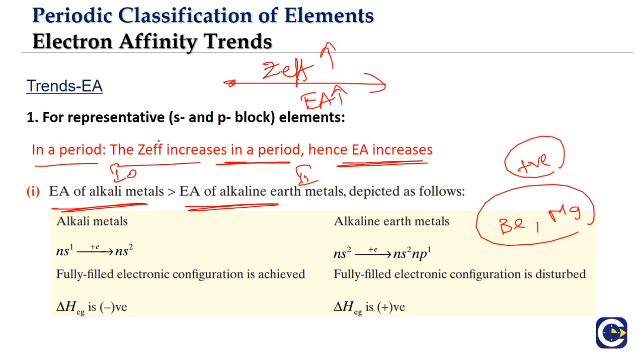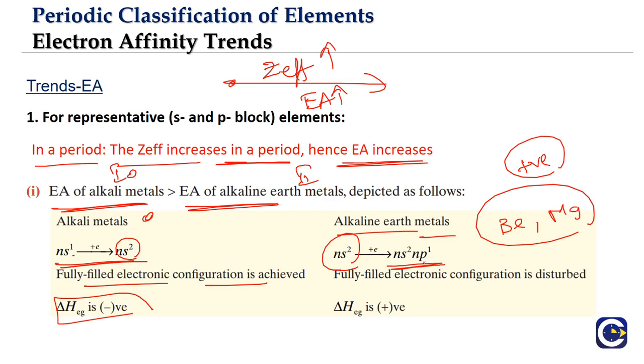The reason is, in the case of alkali metals, look at what happens when we add an electron. The ns1 becomes ns2, a fully filled s subshell. It is a stable arrangement, and it gives us a negative delta H. Whereas with alkaline earth metals, we are giving an electron to the ns2 structure, which becomes ns2 np1.